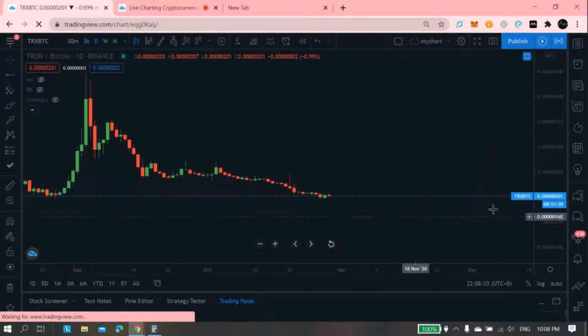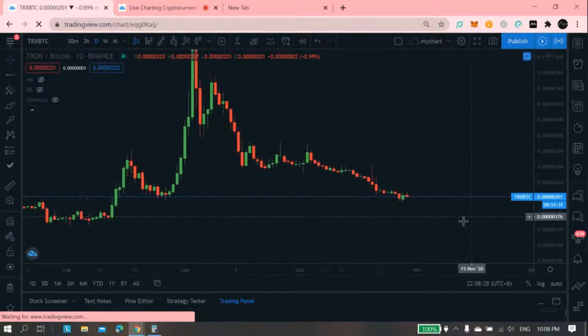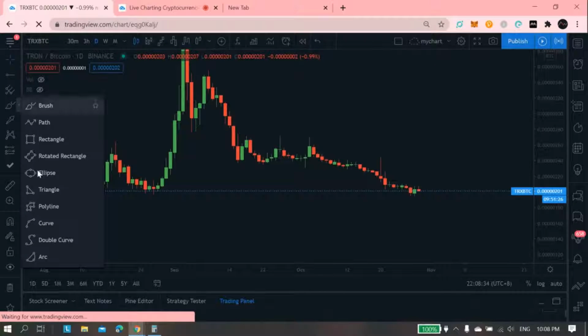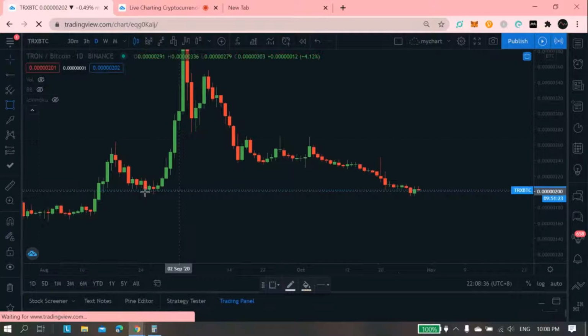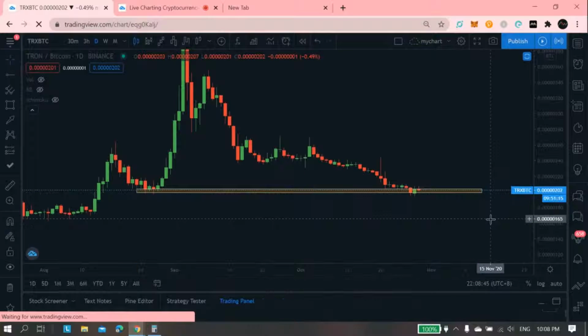So next, let's look at this. Actually, it's currently trading at support. So this area, the 202 area.